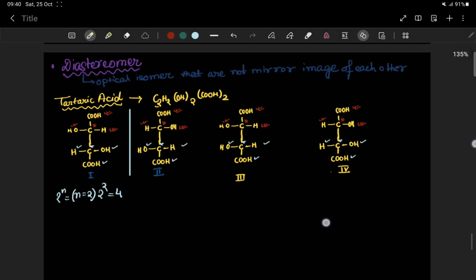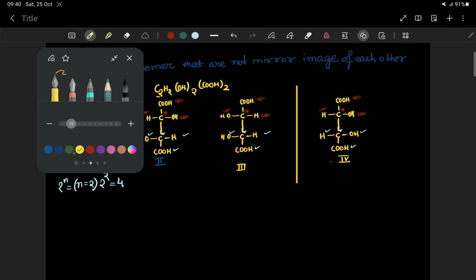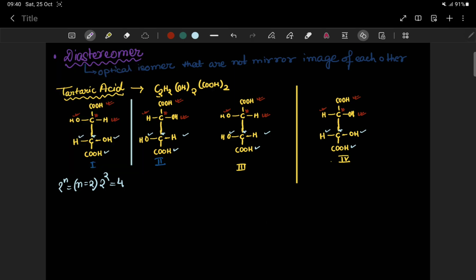If something has happened or not, I couldn't see. Okay, fine. I'm drawing this for you. Okay, I'm writing it. These are the 4 forms, but you can see that 1, 2, 3, 4 are diastereomers to each other.